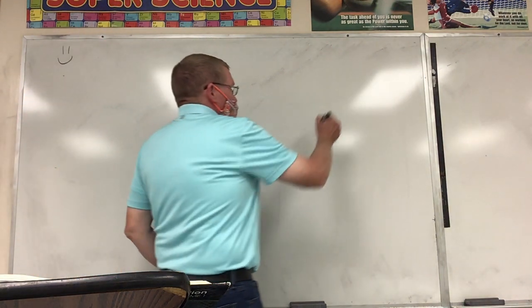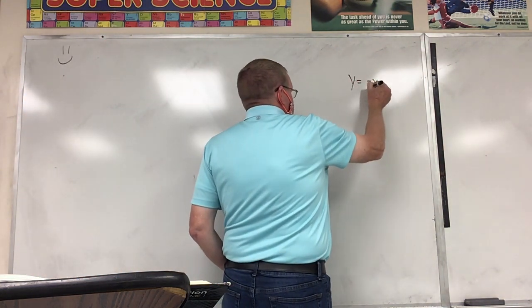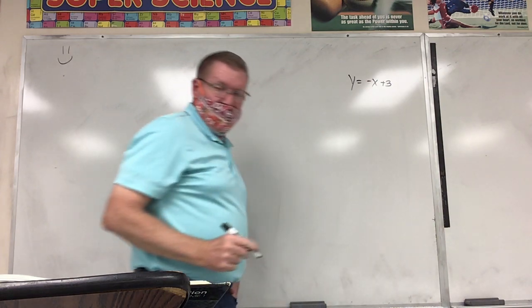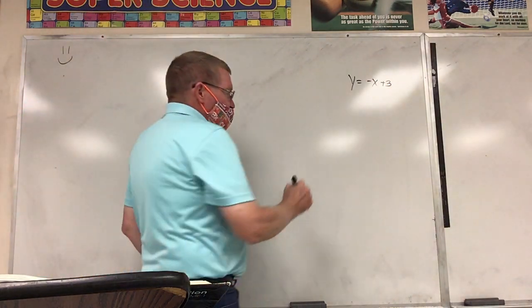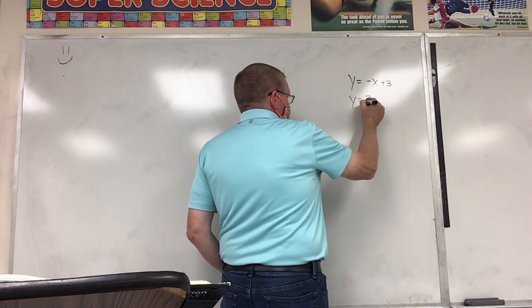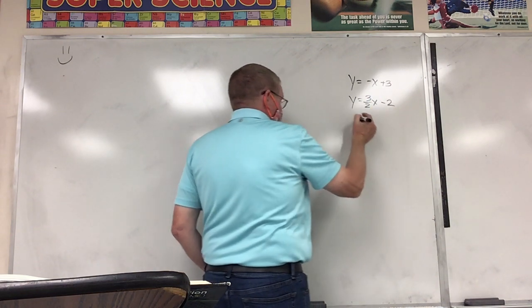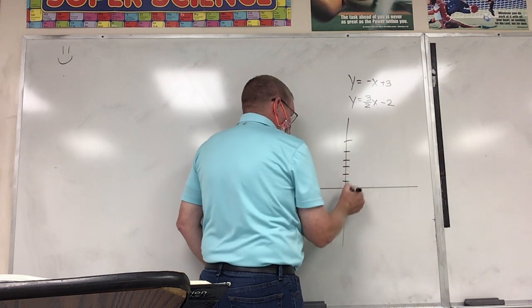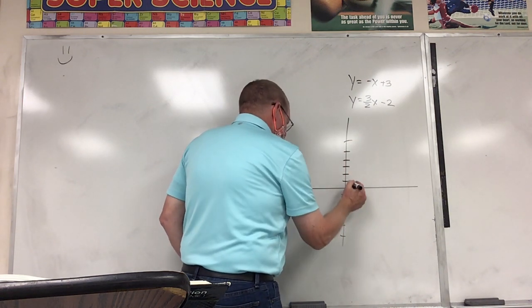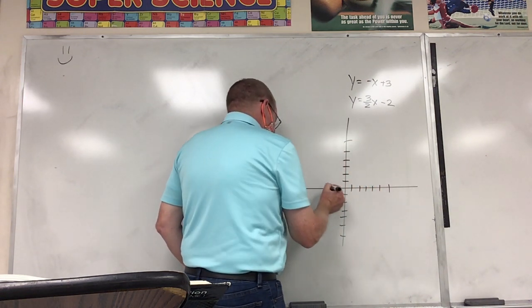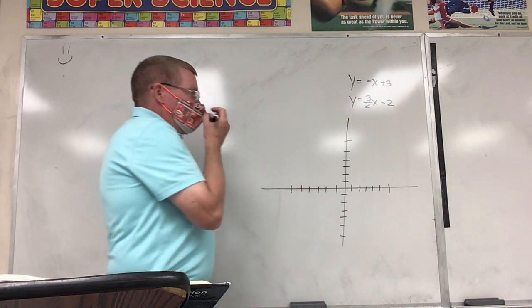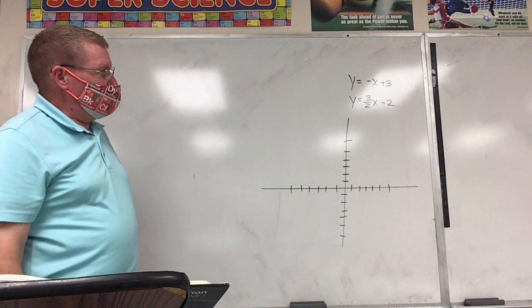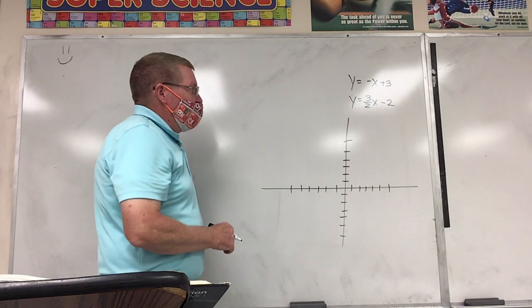y equals -x plus 3, and y equals 3/2 x minus 2. Again, we just put it in slope-intercept form, which is already there.